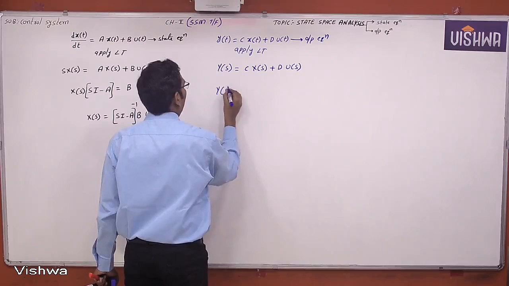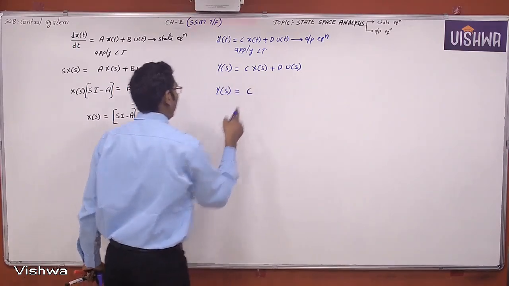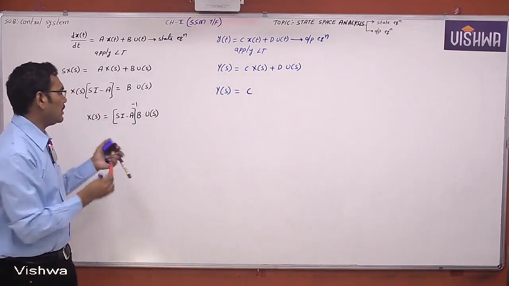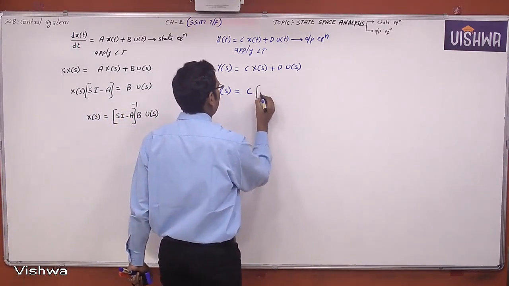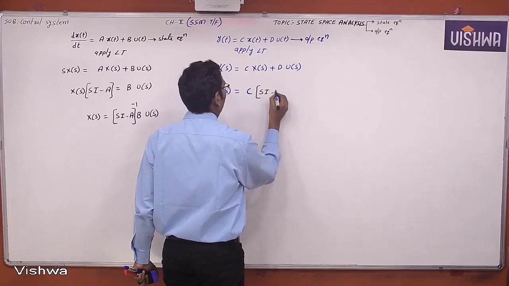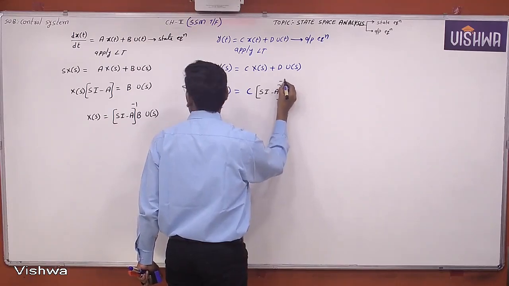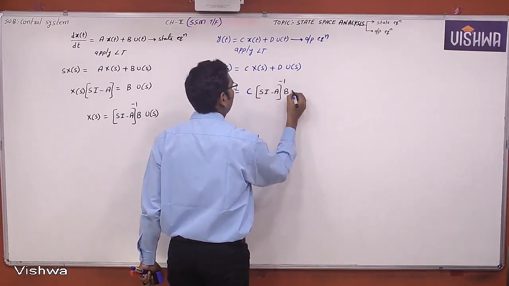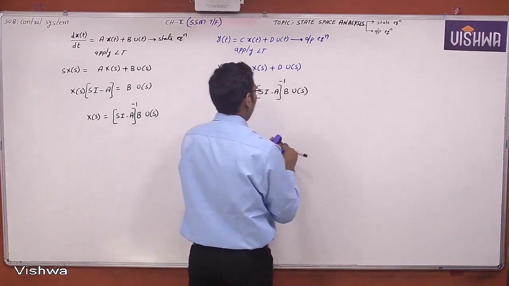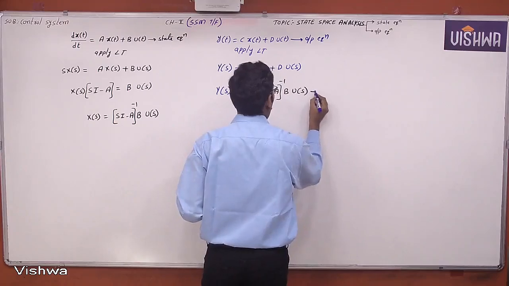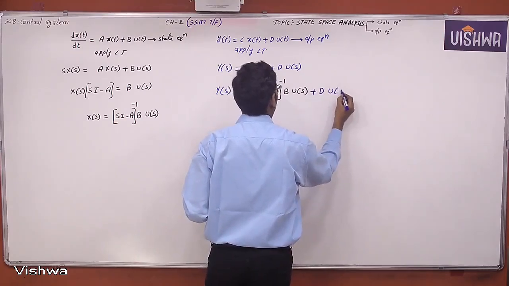Just now we found X of s, so substitute that X of s here. X of s is nothing but (sI minus A) inverse into B into U of s, plus D into U of s.